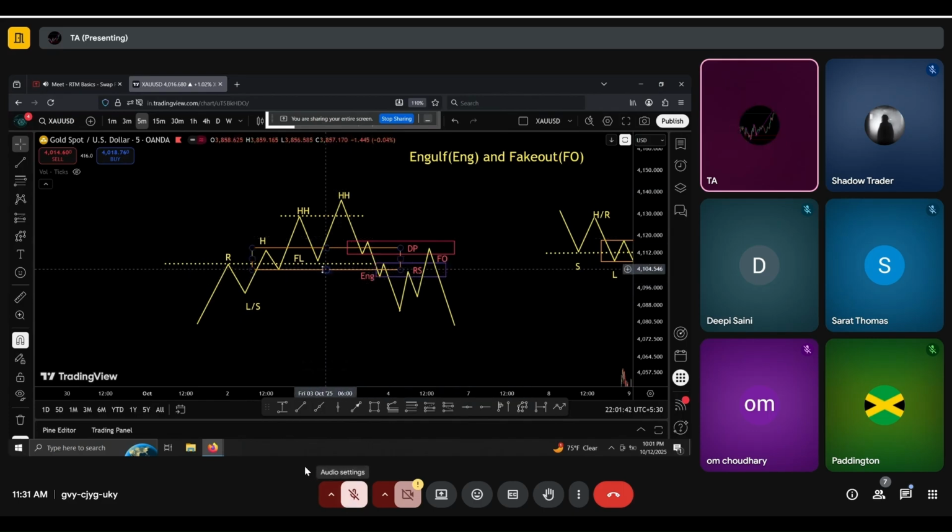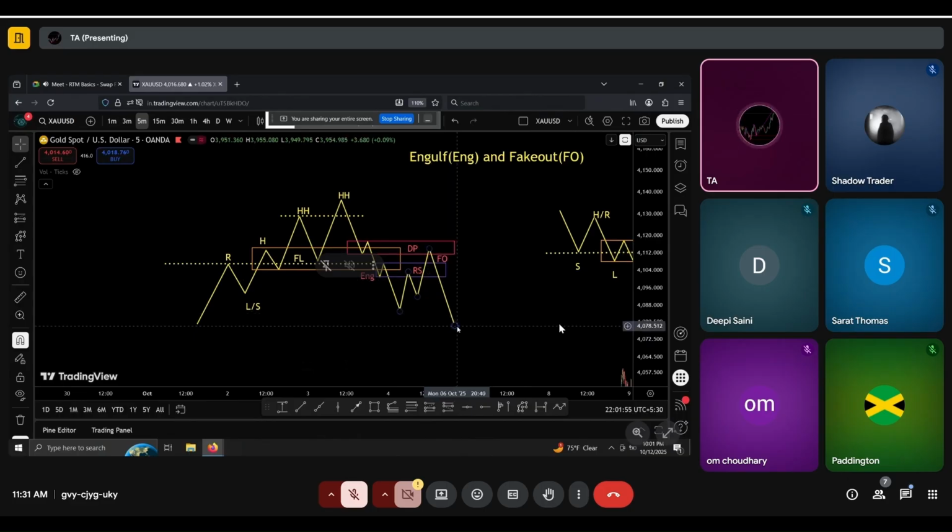Price came down, breaks this FL, so it pulls back. What pulls back? It pulls back, goes above this RS zone, but falls down again.